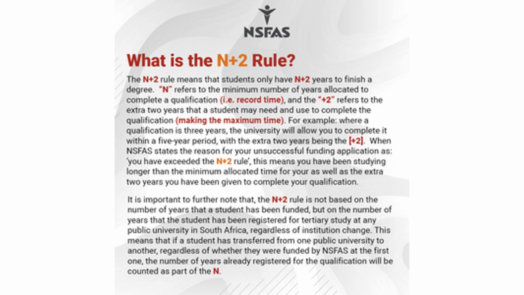Already you have used up 2 years of your 5 years, meaning that you're remaining with 3. You go to another institution to study a 4-year degree course. You are only left with 3 years according to the guideline of N+1, meaning that in your final year in a new institution, you won't be funded because by your 3rd year, you will have exceeded the number of years that you were given to complete a certain degree.